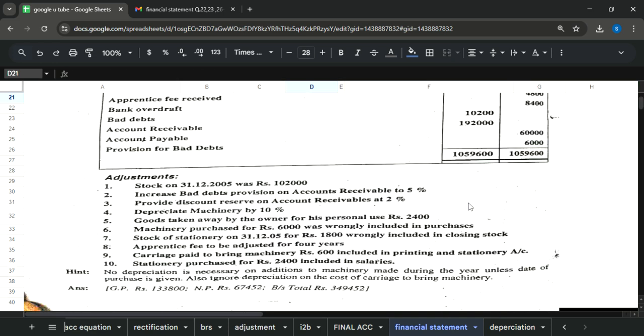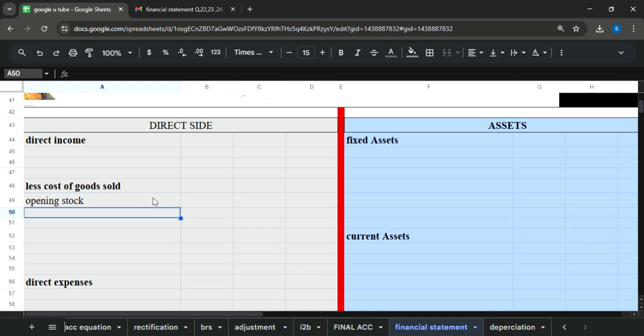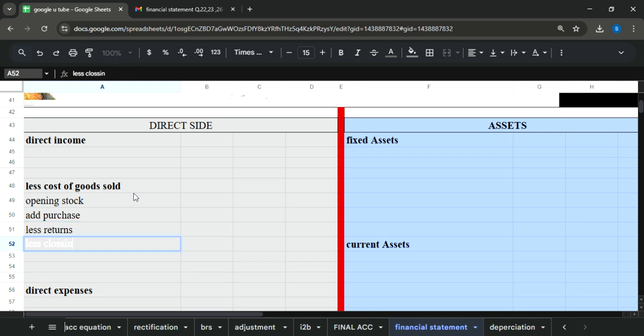Let's begin. Since we will start from the adjustment side, the first adjustment is saying stock. It's 31st December, which means closing stock, so you will come to the cost of goods sold statement. There you will write opening stock and then add purchases. After that you will write returns, less closing stock, and we have a little extra space.